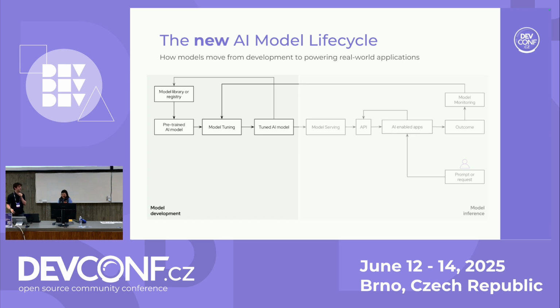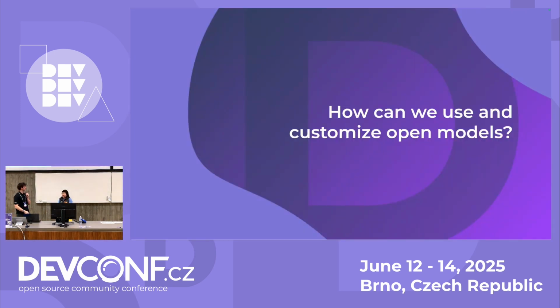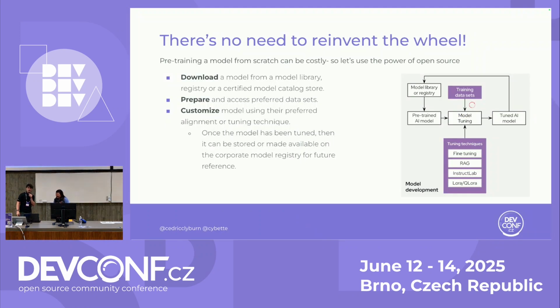So let's hop in and let's begin with customizing a model, right? Yeah. So there's no need to reinvent the wheel from scratch. Previously, we were pre-training our own models. Now we can go to Ollama, download a model, or we can download one from Hugging Face and start to customize it. So the process is going from these registries, maybe Hugging Face, for example, downloading a model and customizing that with our data.